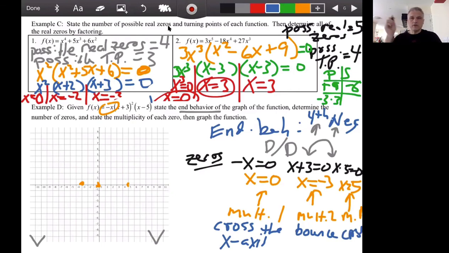Now we can do all the freestyle, by hand graphing, right? And then you can check it with your calculator. I know I'm starting down. When I get to the negative 3, according to my multiplicities, I'm going to bounce off of the x-axis, okay?